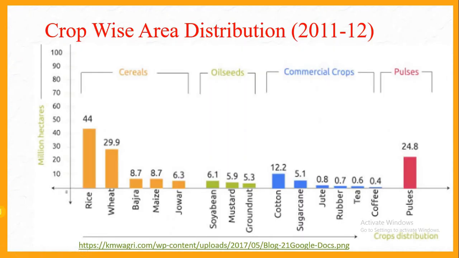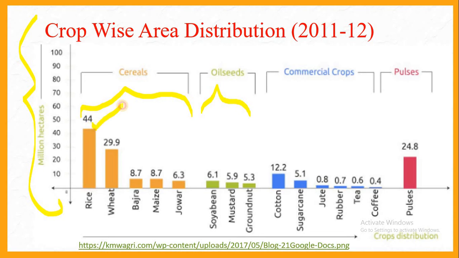Okay. So this slide is not part of your syllabus, but I am just showing it to you to say that you can see there is a different distribution of India's geographical land for various agricultural purposes. Maximum land is utilized to grow rice, and second highest is wheat. It makes sense, isn't it?